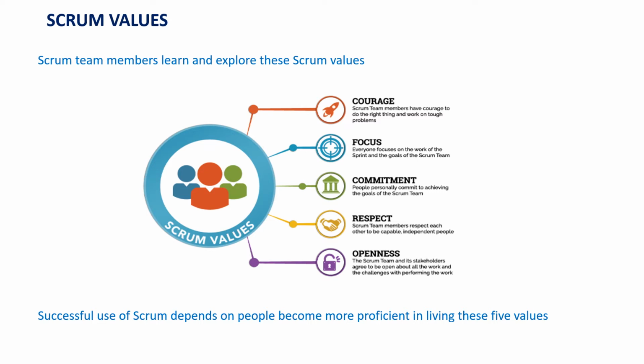Respect. Scrum team members respect each other to be capable and independent people. Openness. The Scrum team and its stakeholders agree to be open about all the work and the challenges with performing the work. So the successful use of Scrum depends upon people becoming proficient in living these 5 values.